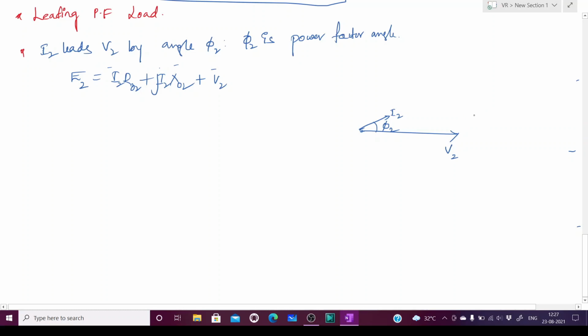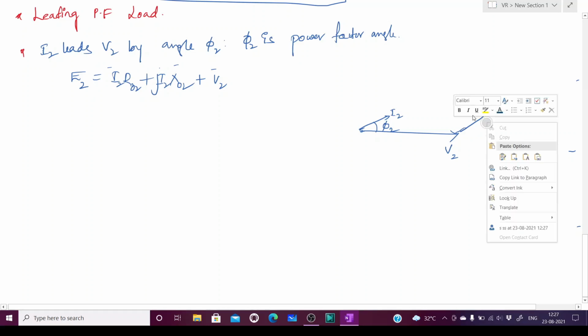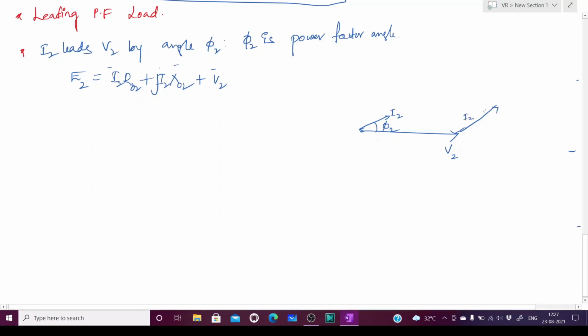So this I2 R02 will be in phase with I2. Like this, they must be parallel, so let us assume these are parallel. This is our I2 R02. So I2 X02 will be 90 degrees away.